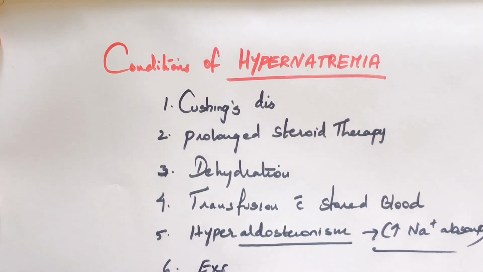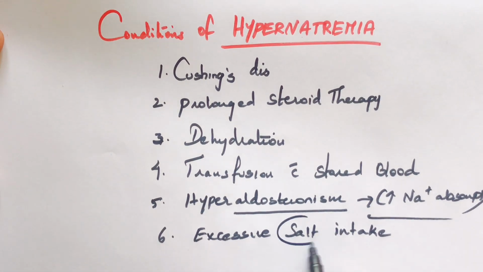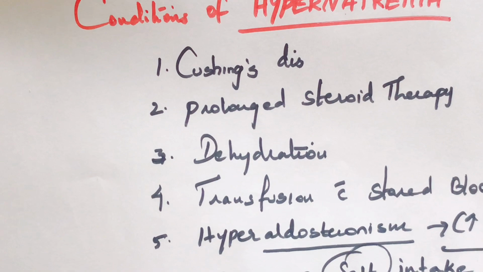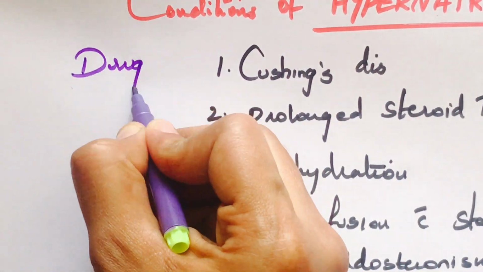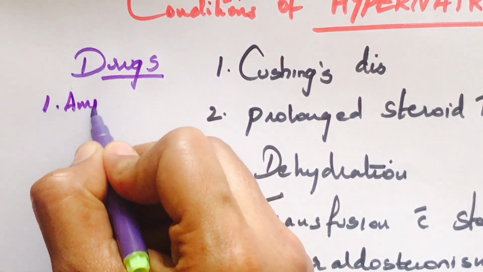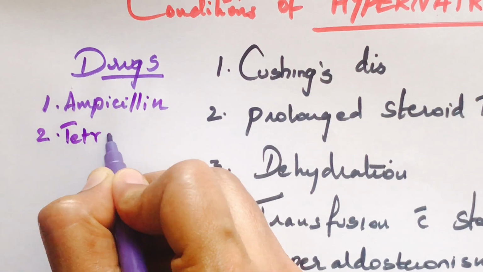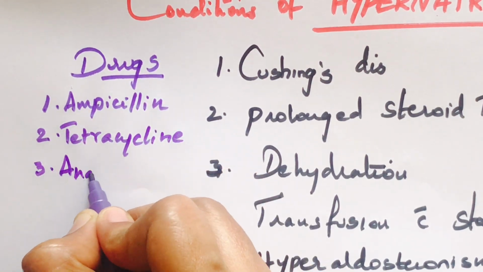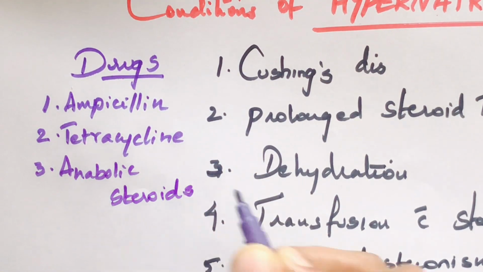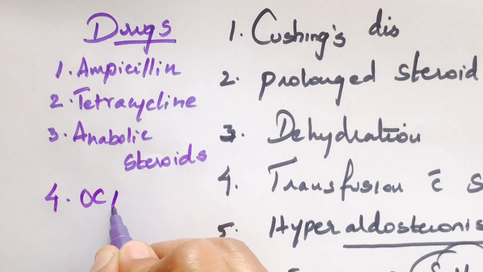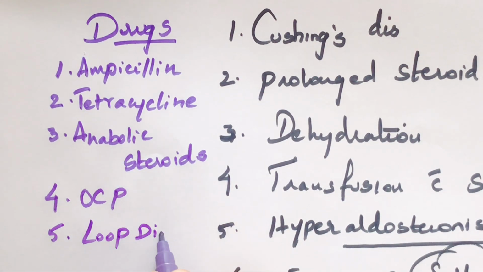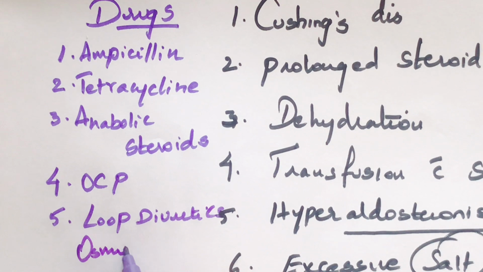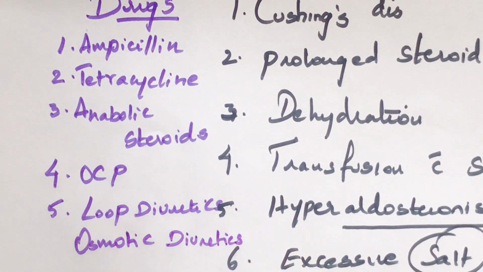It increases the sodium absorption. And when there is excessive salt intake. Some medications which cause hypernatremia and should be known are ampicillin, tetracycline, anabolic steroids, oral contraceptives, loop diuretics, and osmotic diuretics.